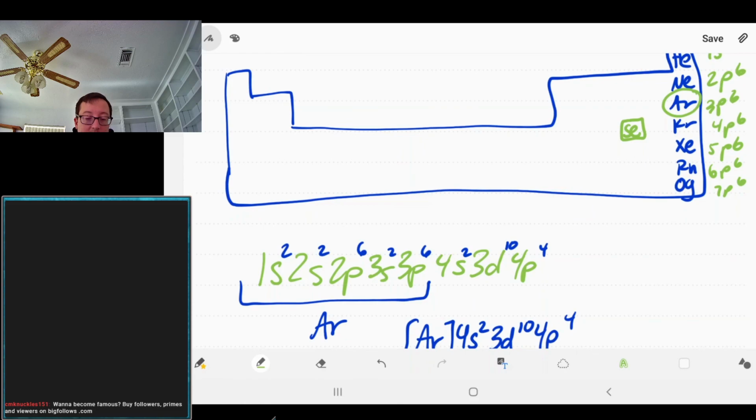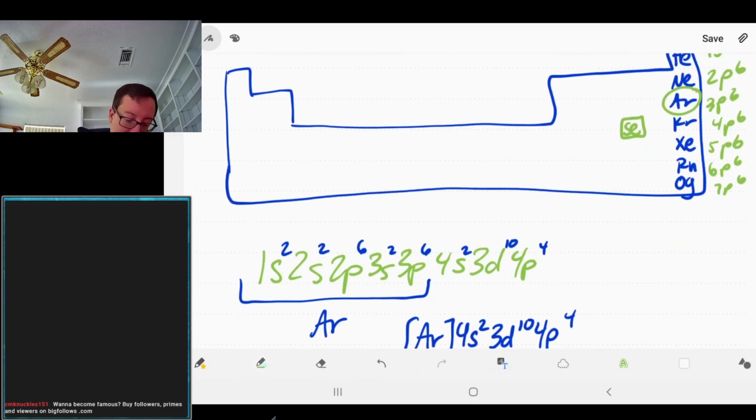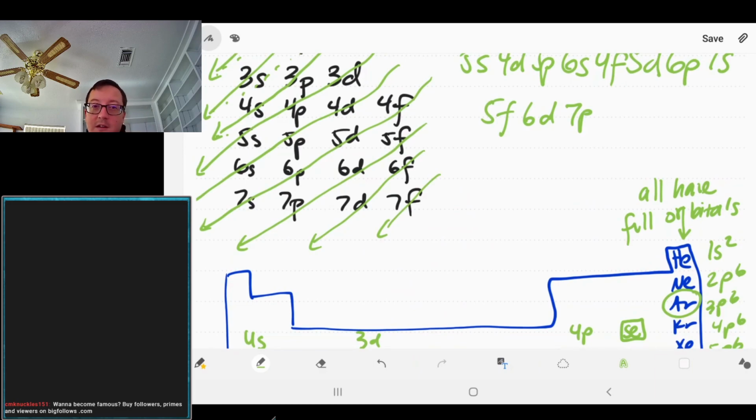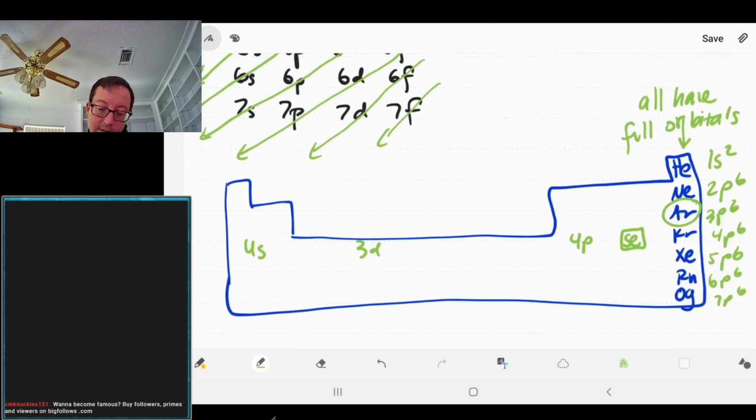So we're going to use argon and then just worry about the stuff after it. Then we can worry about 4s, 3d, and 4p once we already have argon done. So that's why it's a little bit easier to use the periodic table. For the noble gas shortcut, you pretty much have to use the periodic table.